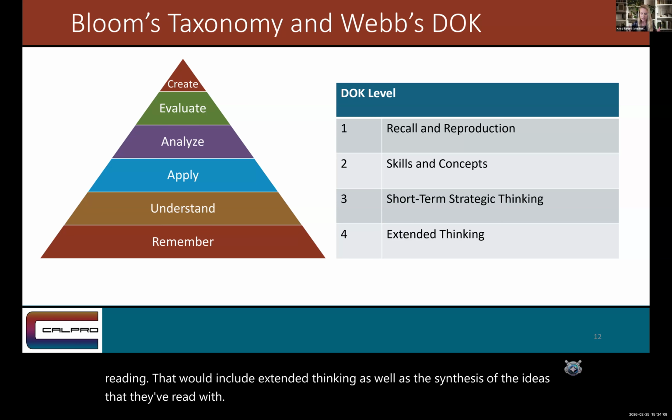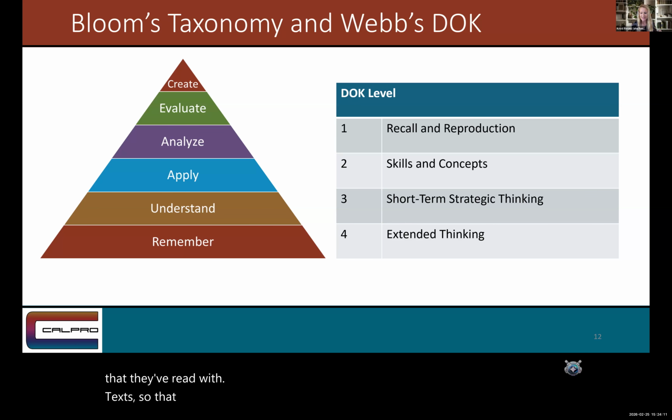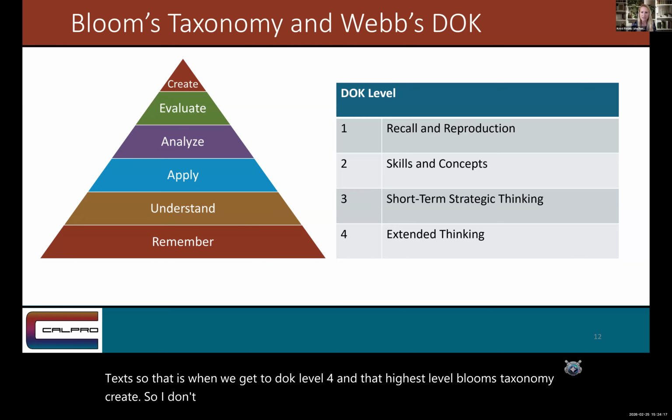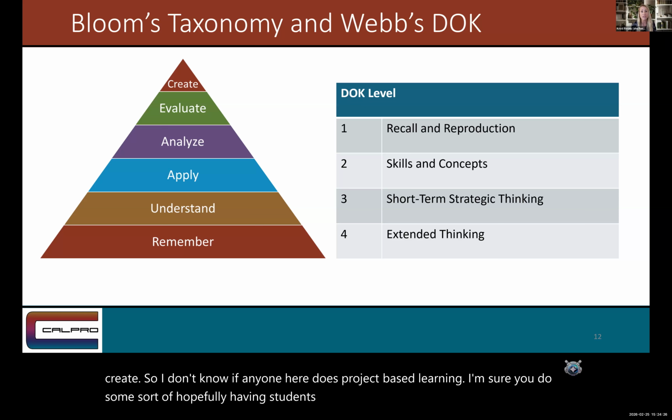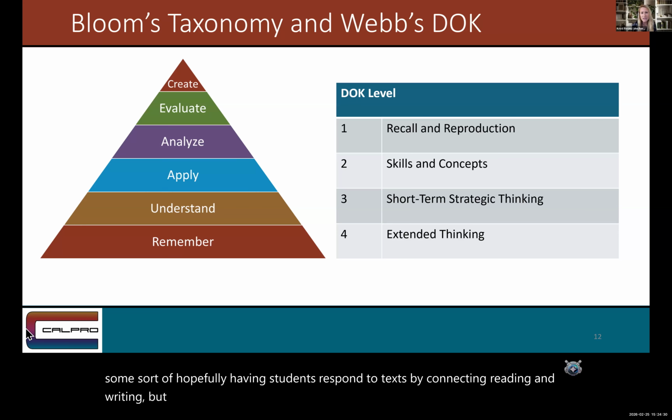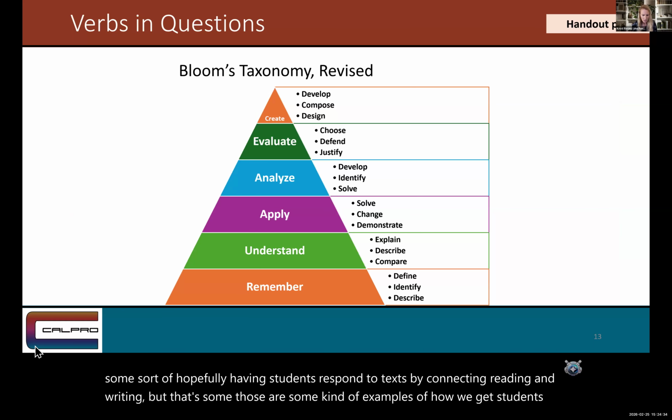So that is when we get to DOK level 4 and that highest level of Bloom's taxonomy, create. I don't know if anyone here does project-based learning. I'm sure you do some sort of, hopefully, having students respond to texts by connecting reading and writing. Those are some examples of how we get students beyond just remember and recall.